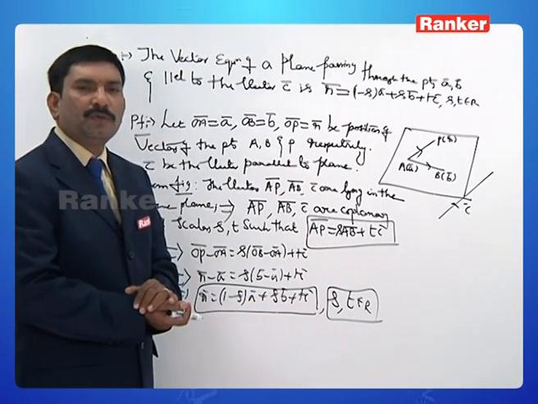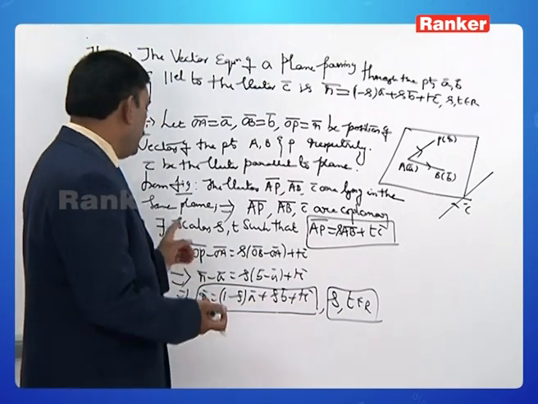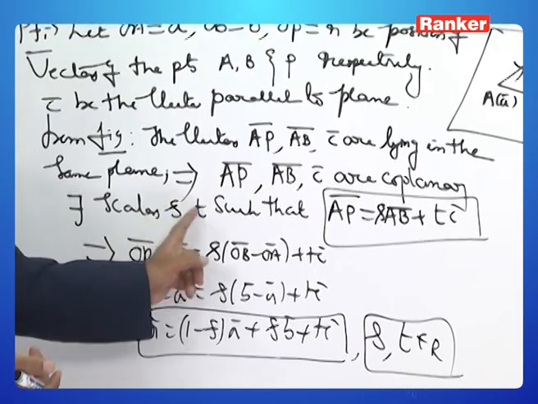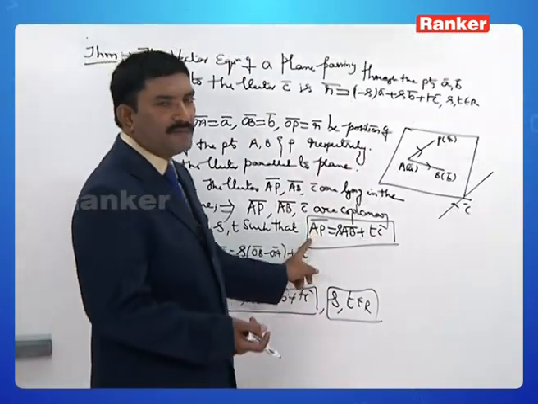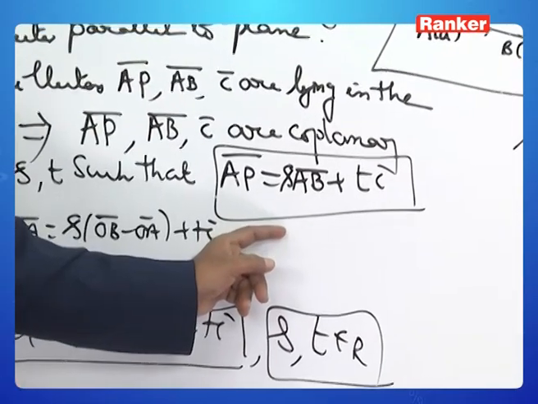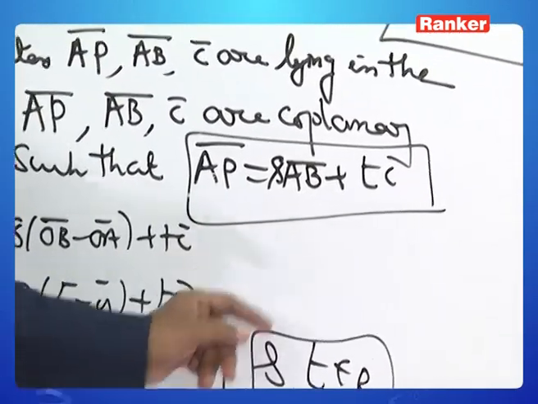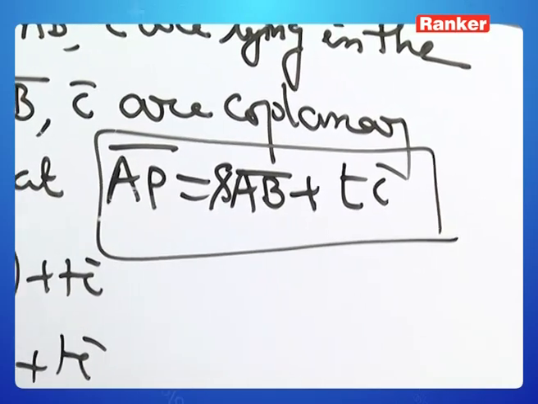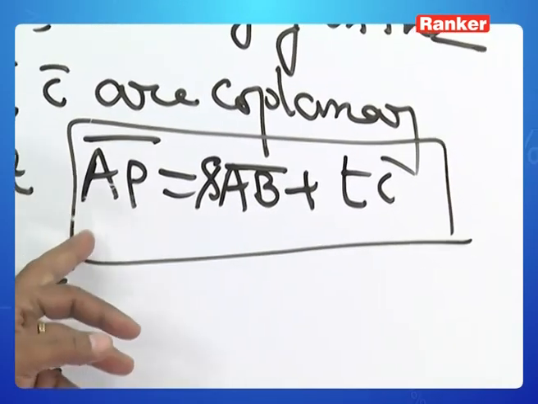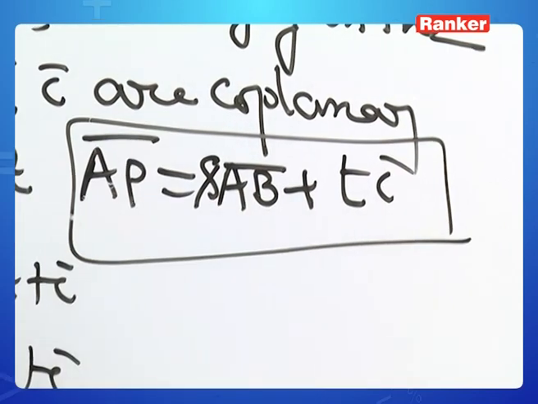So there exist scalars S, T such that AP bar is equal to S AB bar plus T C bar. When any 3 vectors are coplanar, 1 vector can be expressed as a linear combination of the remaining vectors.